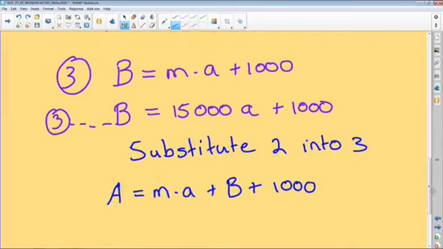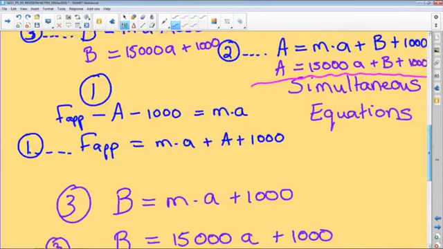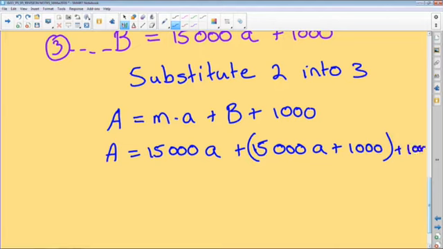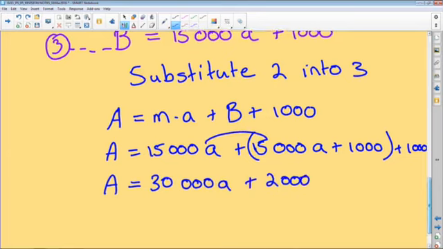Okay, so we're going to say A is equal to 15,000 A, and we're going to then add in B, which over here is going to be 15,000 A plus 1,000. And then we're going to add in 1,000 over here. So we're going to end up with 30,000 A from the looks of things, because I'm going to add those two, plus 2,000. Which is fine, but we still don't know what our acceleration is.